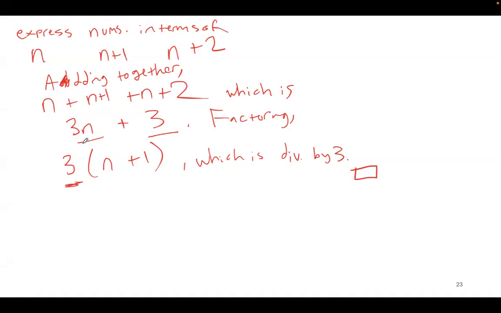The way I would describe it is you identify that both of these have 3 times something, right? And so the process of going from this step, 3n plus 3, to where we've pulled the 3 out and put it in front of the parentheses, 3 times parentheses n plus 1, that process to go from one to the other is factoring.